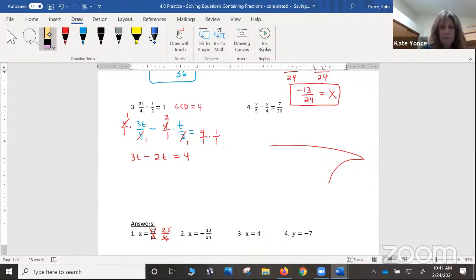So we would do 20 over 1 times y over 5 minus 20 over 1 times y over 4 equals 20 over 1 times 7/20.